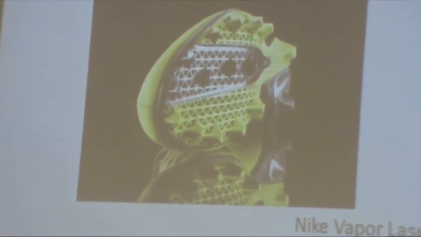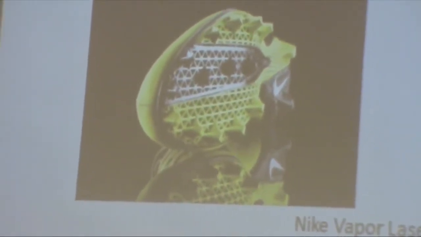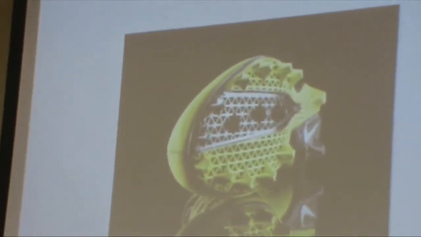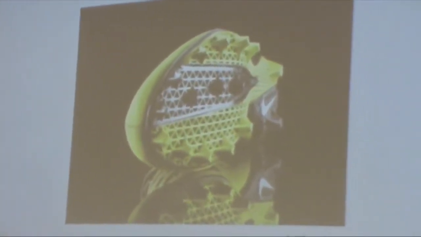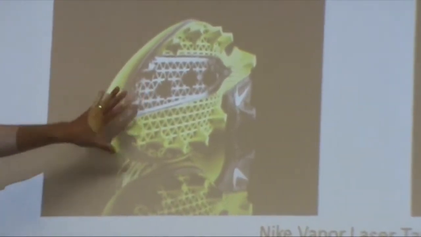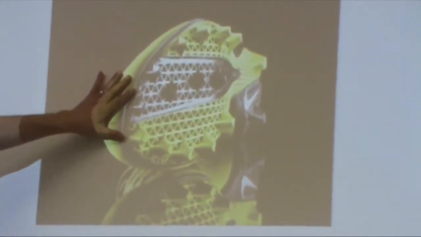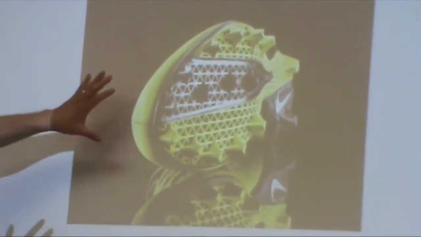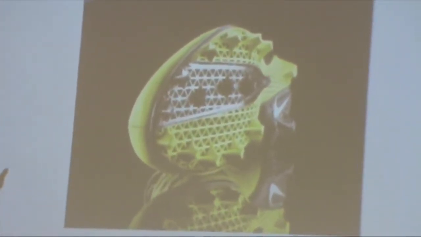As we know, the RP process takes quite a long time to create one piece of a product or prototype, right? But this is fine because not many people are going to use this kind of shoe. So this is for a specific group, and I think it's very suitable to use this technology.